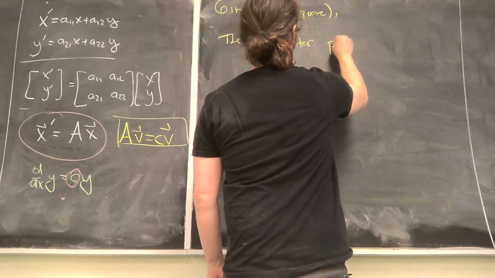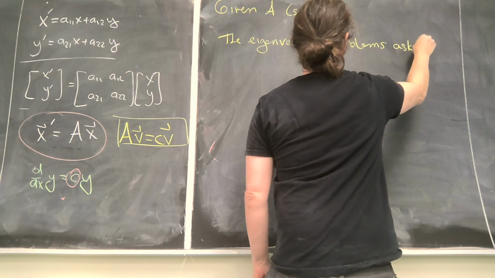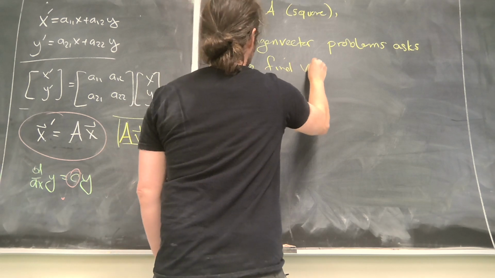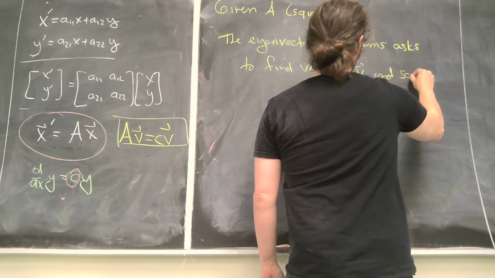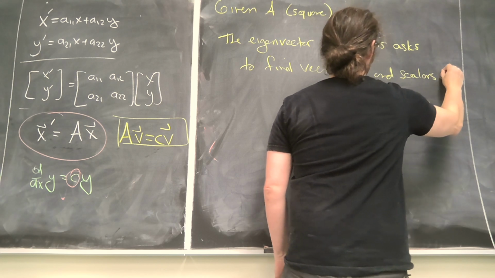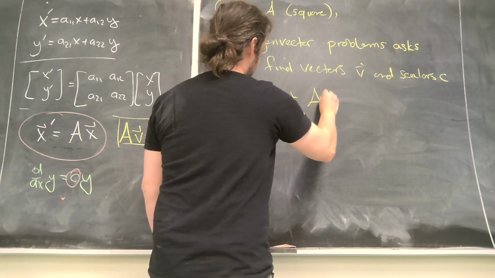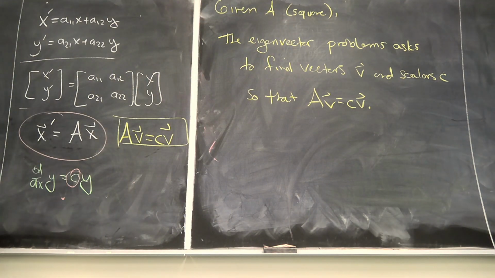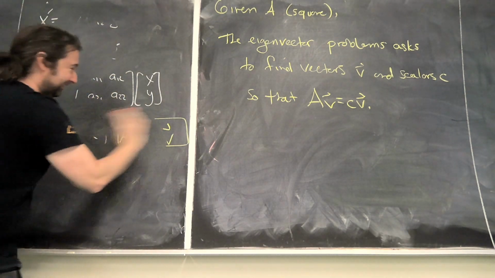The eigenvector problem asks to find vectors v and scalars c so that Av is equal to cv.